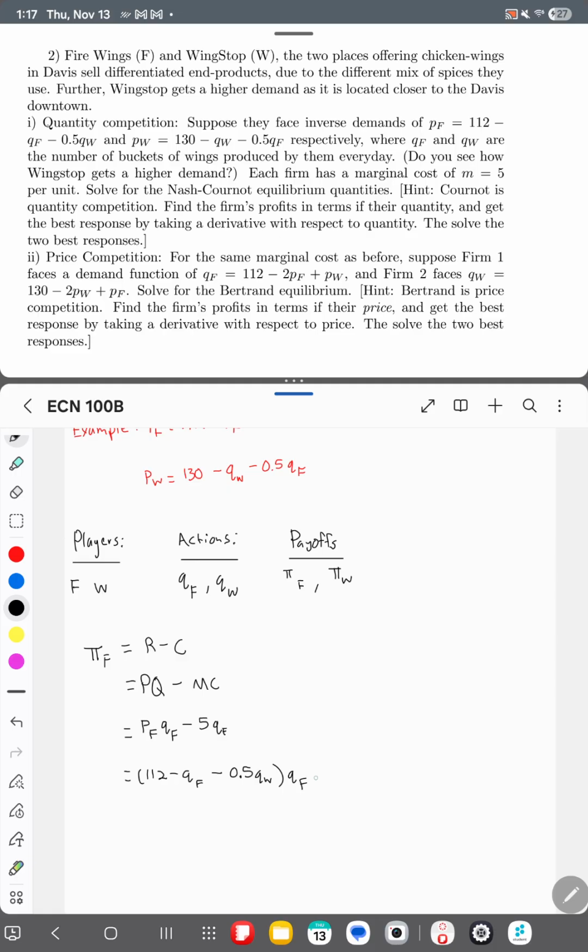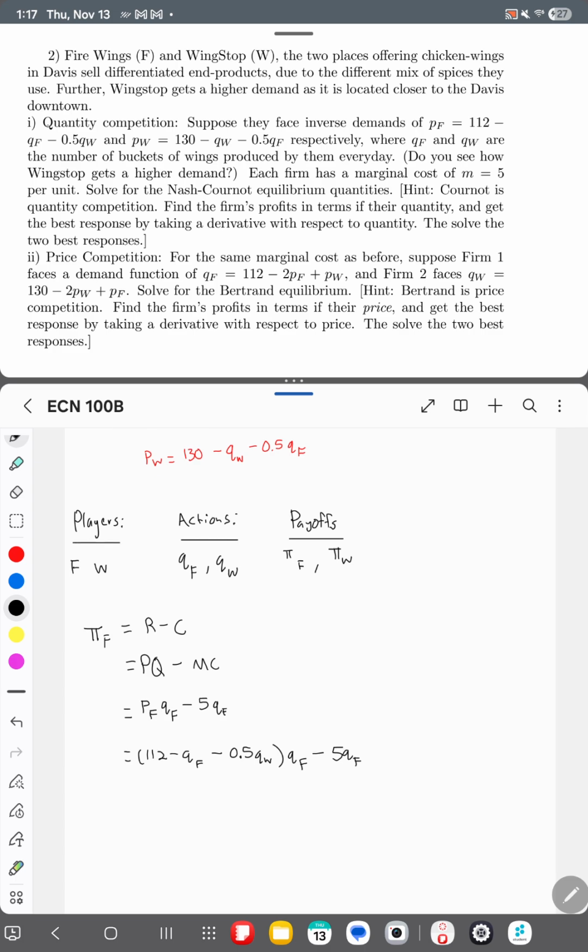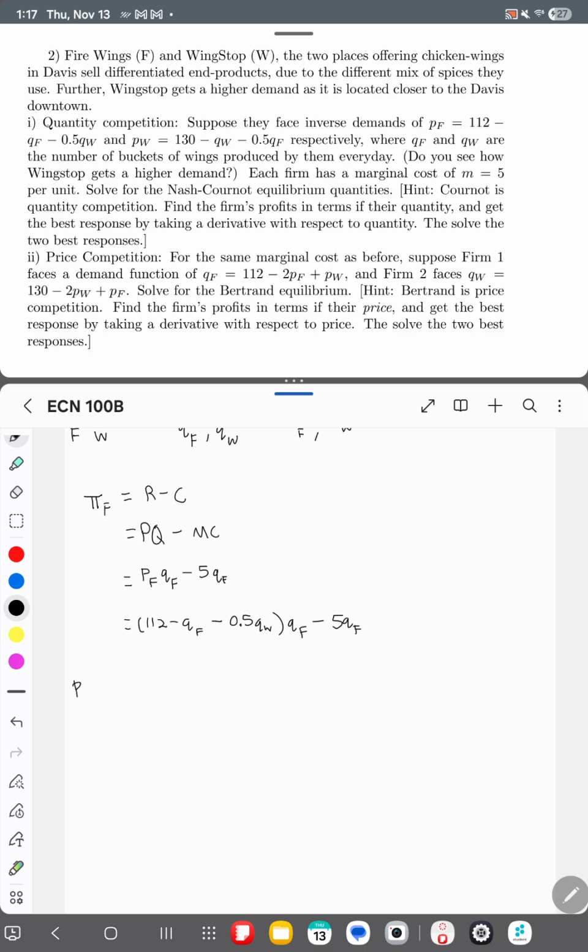The next order of business would be to calculate a best response. What is a best response? Generally, best response means, for QW, which is my opponent's action, what is my best action?